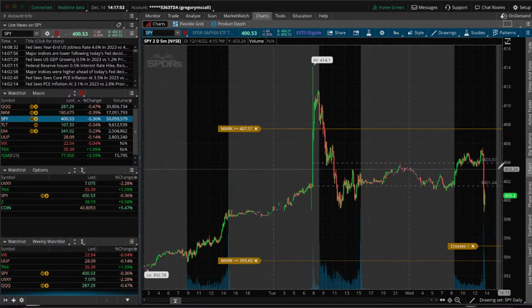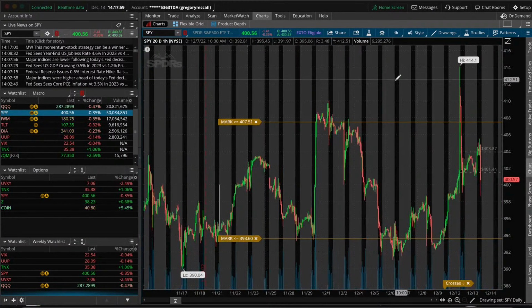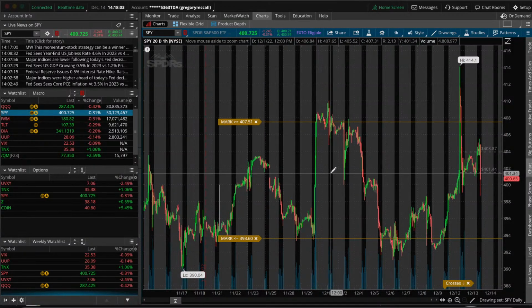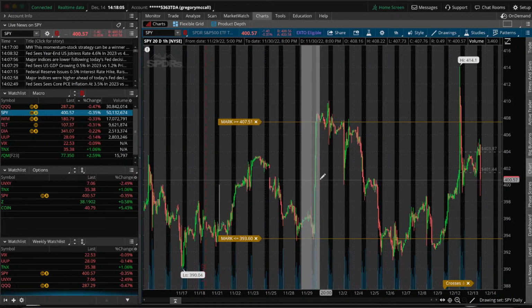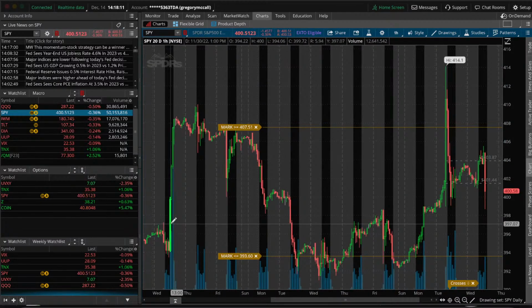Okay, let's say that we stay... Let's look at the hourly chart for reference. Dude, what was this day? Those are some crazy-ass candles. So let's use this candle for reference. 394.22 it opened, so this is going to be a candle of significance.